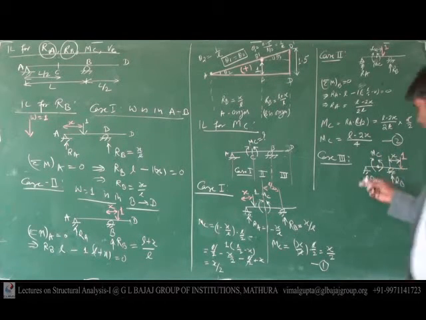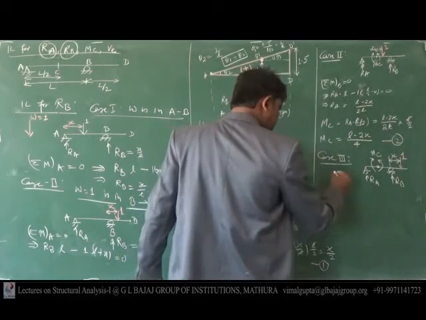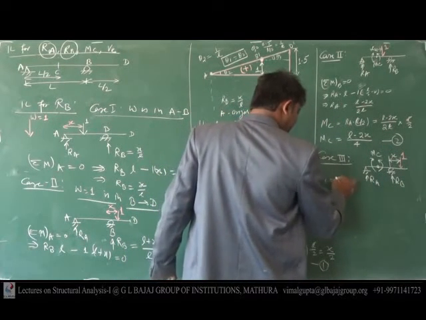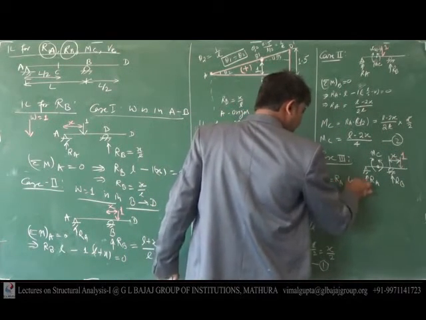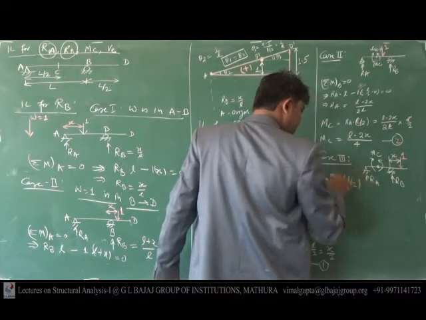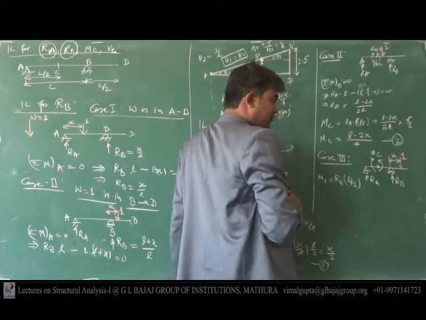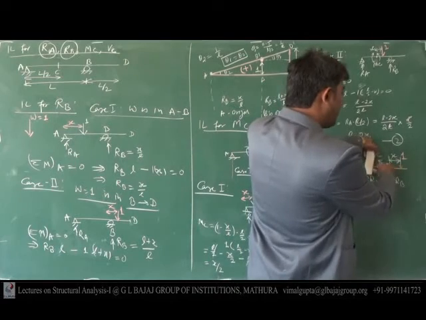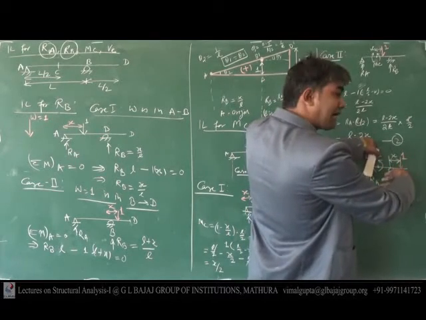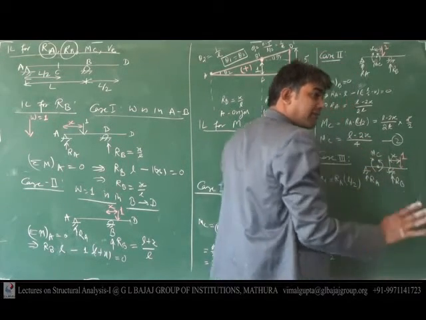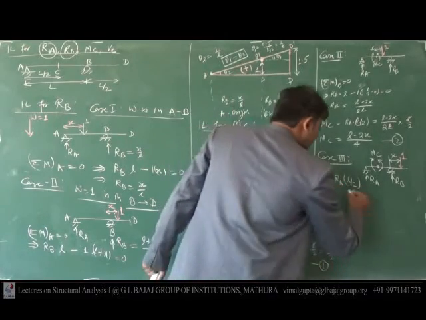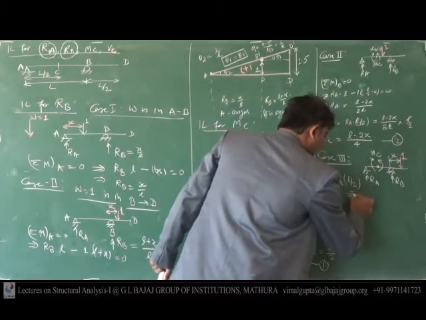So the value of MC here is RA into L by 2 from this side. We are not going to calculate the value of MC from this side. If we calculate it, we will get the same thing. And what is the value of RA?